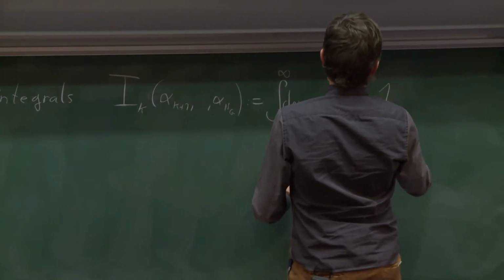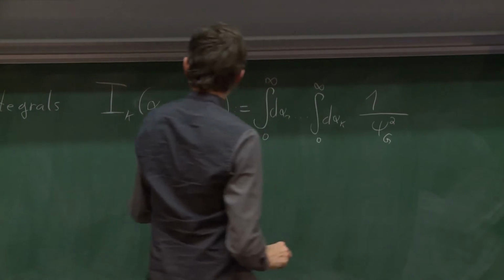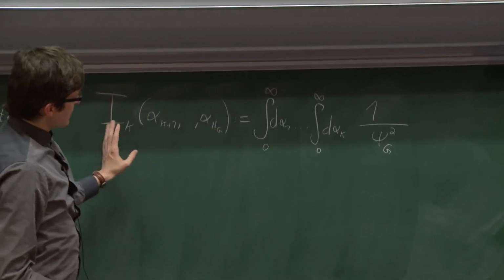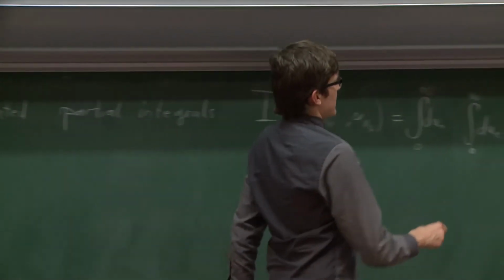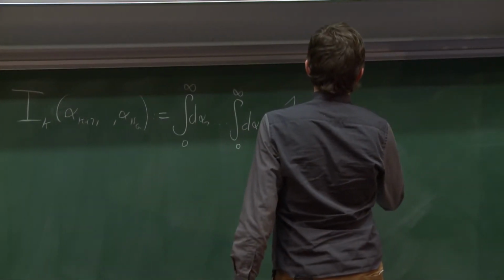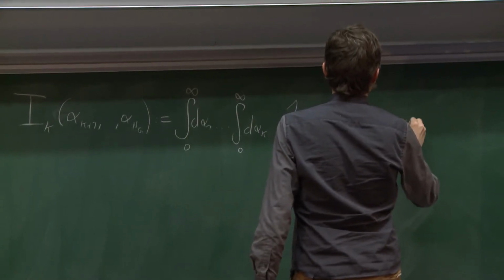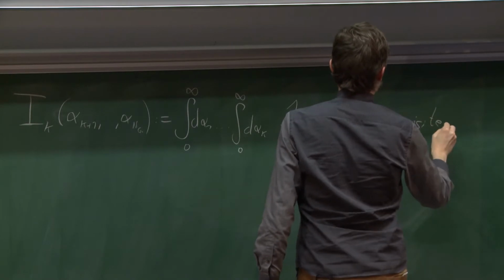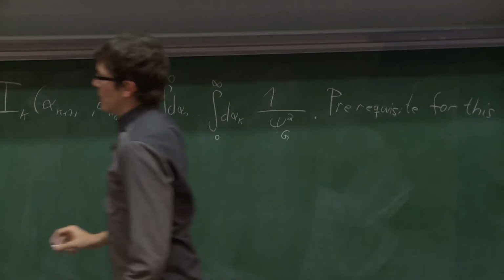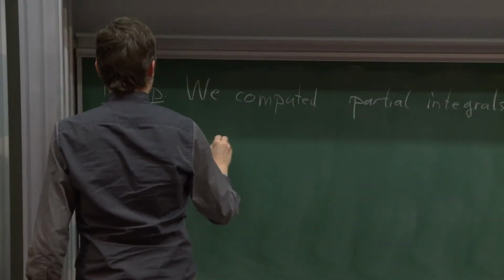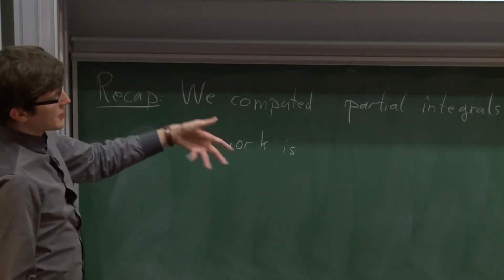And let's say we just compute such a residue. So we compute these integrals one at a time. So at each step, we just integrate the next variable. The prerequisite for doing this is that we can express these functions as hyperlogarithms, right?